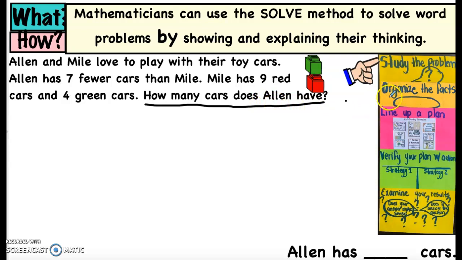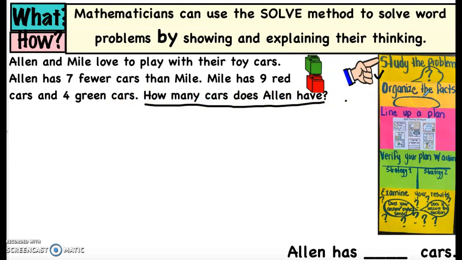Our next step says to organize the facts. We're going to organize the facts and circle every important fact. So let's read the problem again. Alan and Maya love to play with their toy cars. Alan has 7 fewer cars than Maya. Maya has 9 red cars and 4 green cars. How many cars does Alan have?